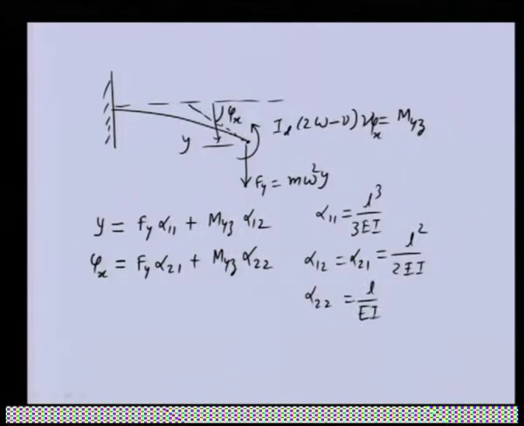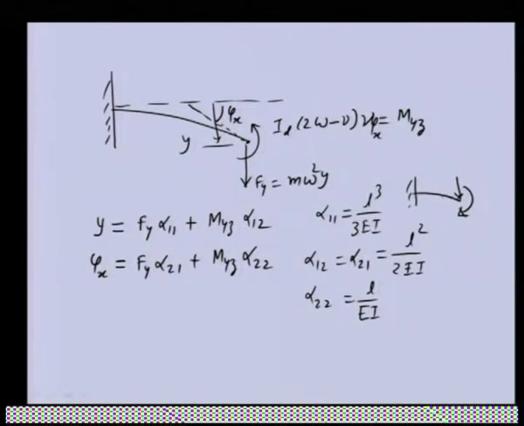So these influence coefficients are for the cantilever beam, in which the direction of the force is this one and the moment is clockwise. So these have been derived based on this sign convention. You can see that the force is in the same direction as this one, but the moment is opposite. So when we use these expressions here, we need to keep these moments with minus sign, so that they are in line with the sign convention.